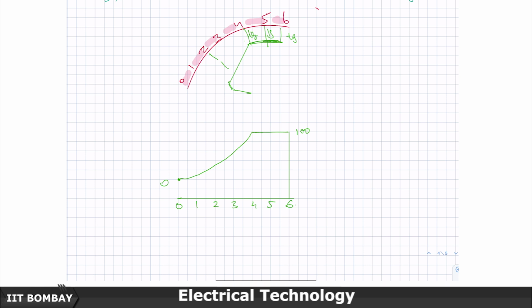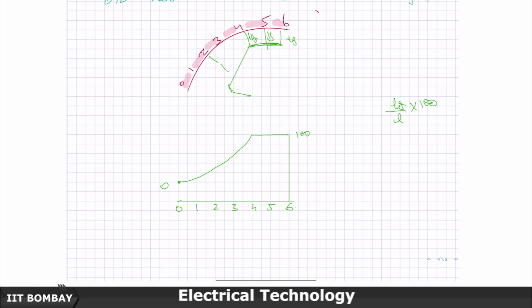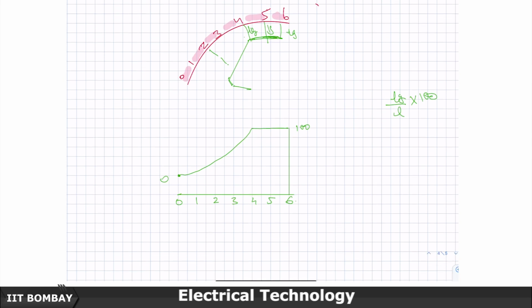The number of flux lines will reduce in inverse proportion, so it will be 100 into Lg by L. So, the inverse relationship is there: as this increases, so will this reduce, and then I will get to the 0th place.